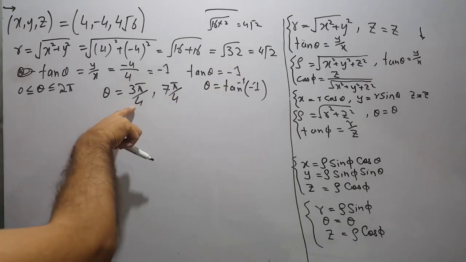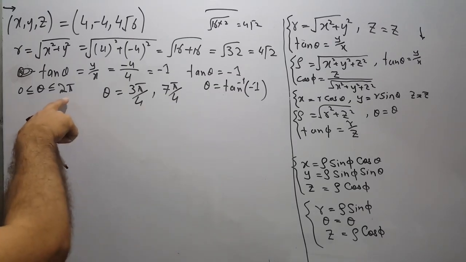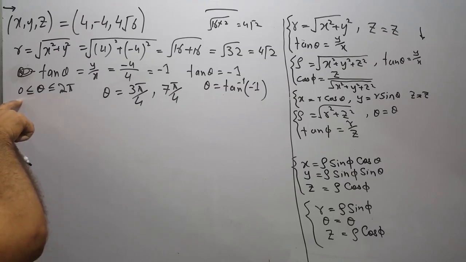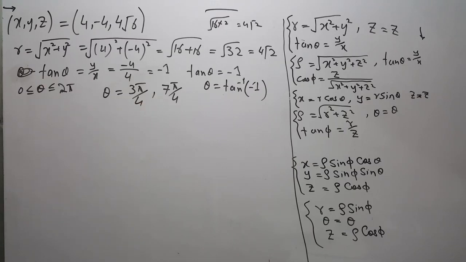There are many more, but we are dealing with theta values in the range of 0 to 2 pi.